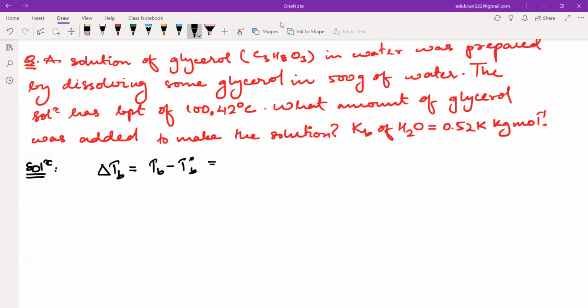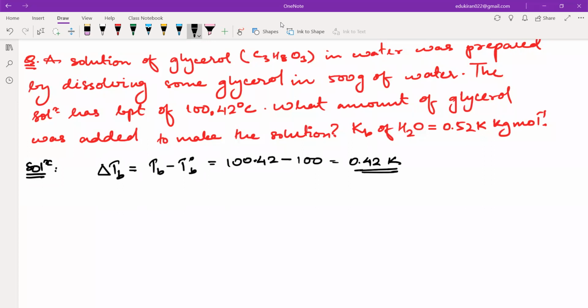It is equal to 100.42 minus 100. Why 100? Boiling point of water, na? See the difference in temperature.